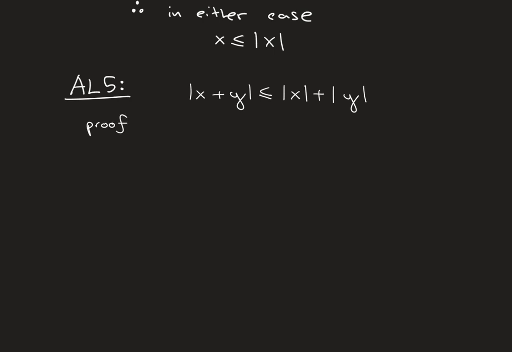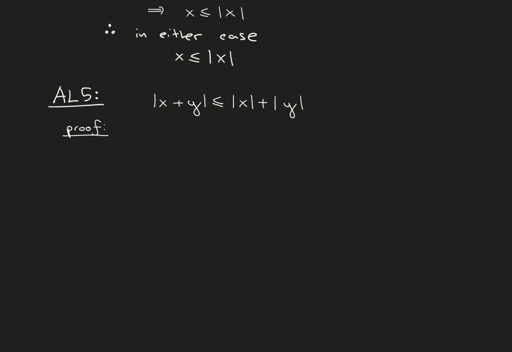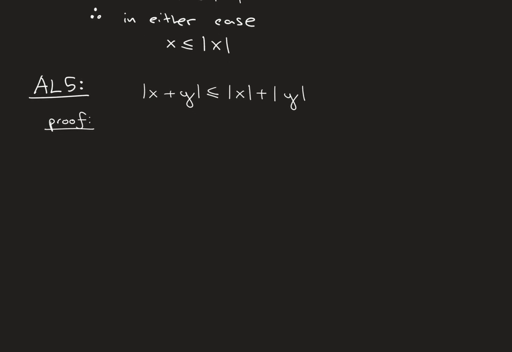The first few steps are going to seem crazy, but let's check this out. I'm going to start with this. What is the square of the absolute value of x plus y? That is going to be equal to simply x plus y quantity squared, okay?